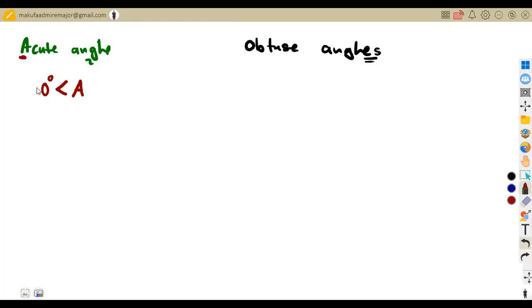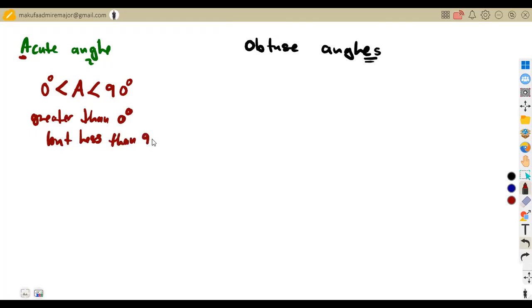So this acute angle is greater than 0 degrees but less than 90 degrees. That is what we refer to as acute.